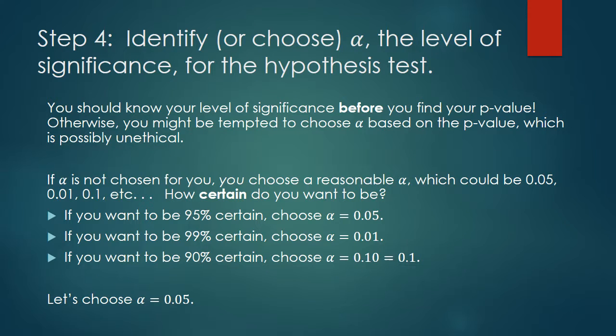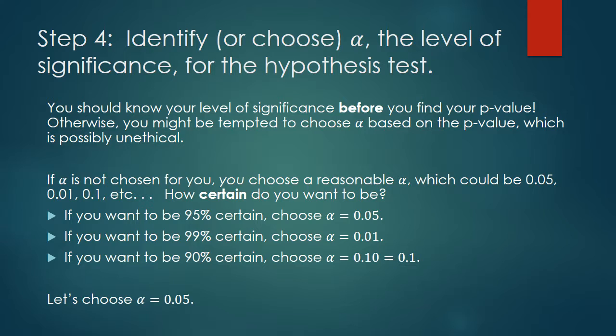Now, we need to identify or choose alpha, the level of significance for the hypothesis test. I think our book or the homework puts this later in the process, but you should have your alpha in mind before you find a p-value. Alpha tells you how unusual your results need to be in order for us to reject the null hypothesis.